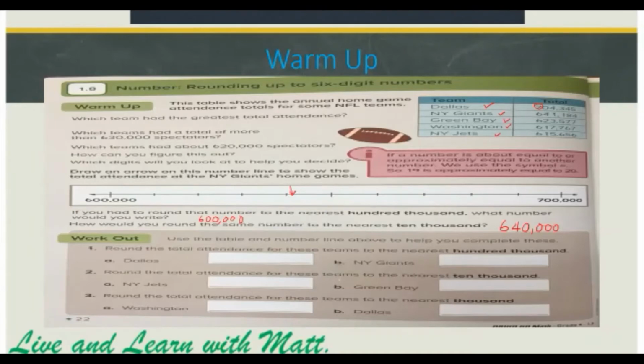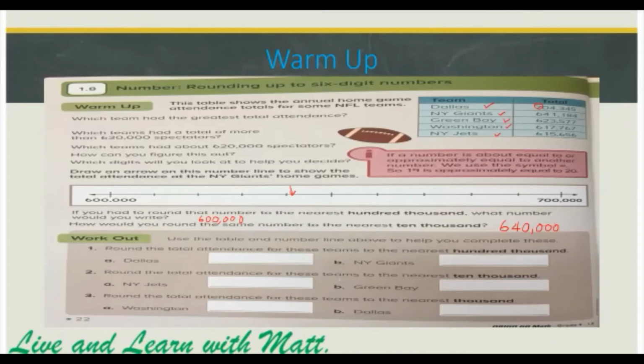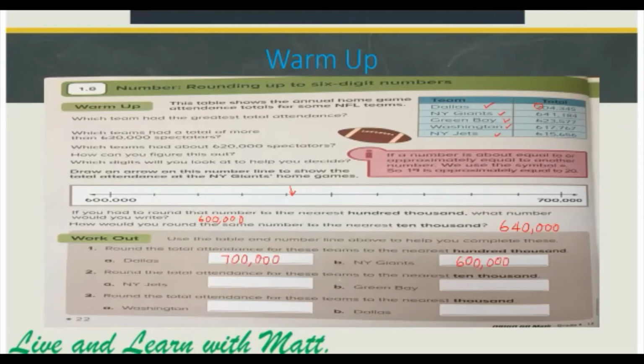Now let's go on to the workout. Use the table and number line above to help you complete this. Number 1, round the total attendance for these teams to the nearest 100,000. So for Dallas, we'll be rounded up to 700,000. And for New York Giants, will be 600,000.